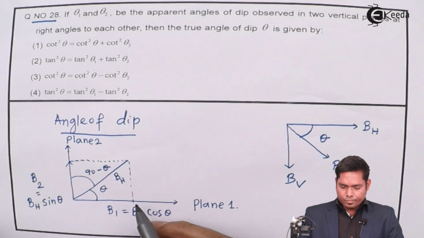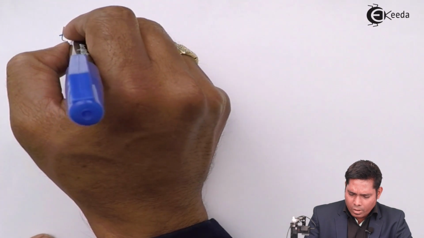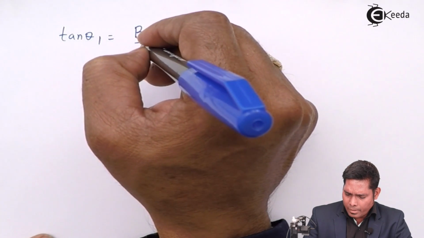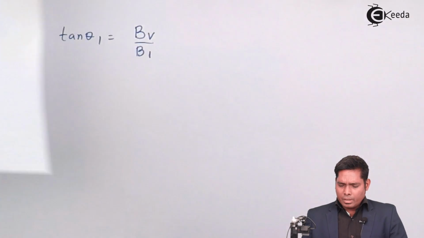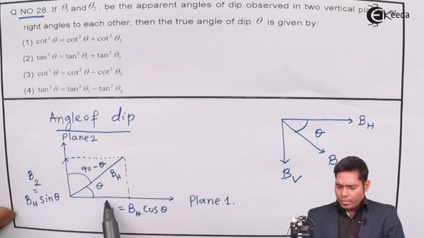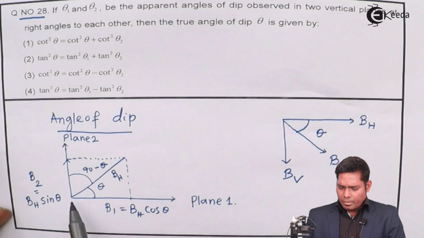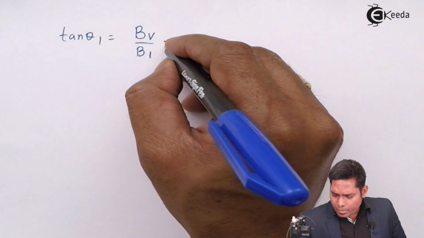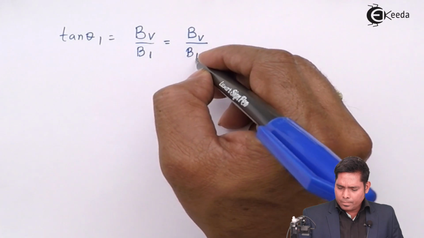Now tan theta 1 can be written as B vertical divided by B1. Whatever is that vertical component divided by B1. BV will remain as it is, and B1 we have just found is BH cos theta.